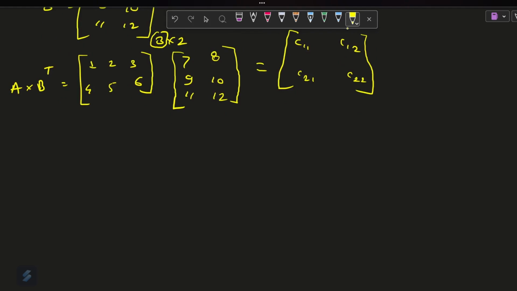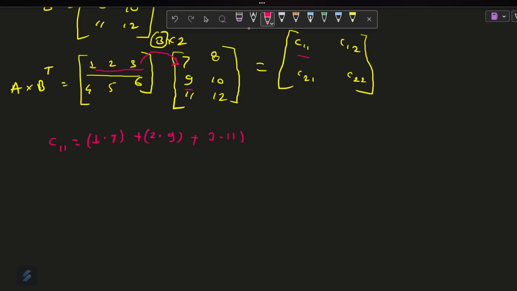This is our row, so we multiply it with a particular column, and we get the C11 value. C11 is 1 multiplied by 7 plus 2 multiplied by 9 plus 3 multiplied by 11.